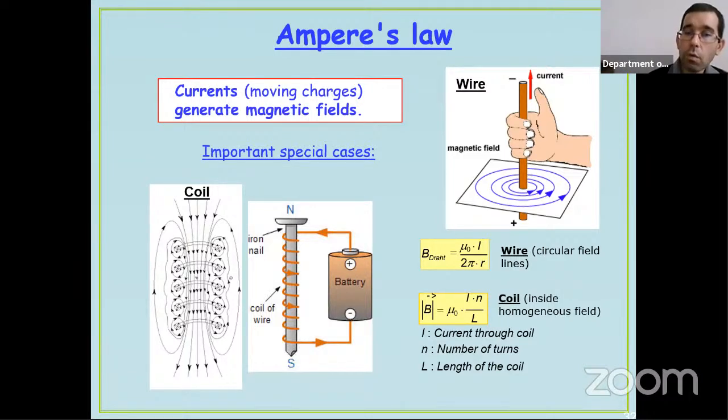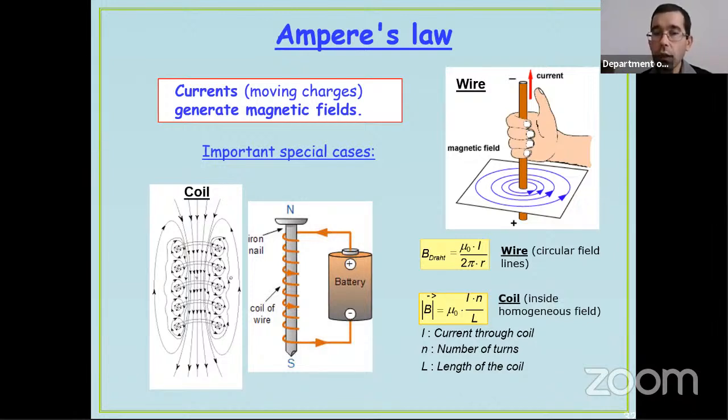Here we also quantify the magnetic field around current carrying conductors. I will only show you the result. The upper formula shows you the magnetic field around the wire, and the lower formula shows you the magnetic field around the coil.